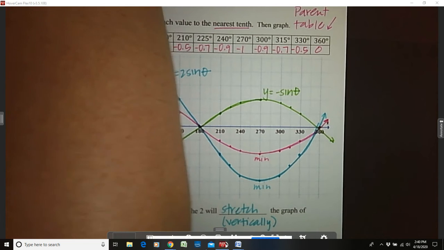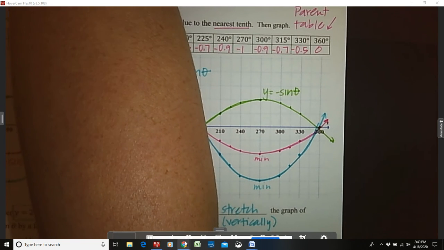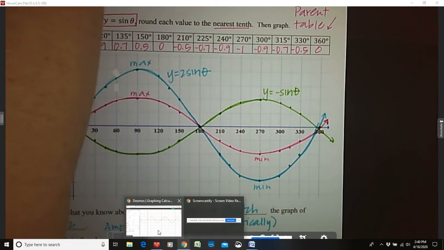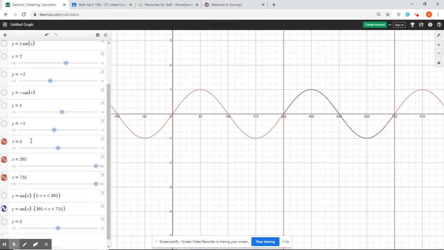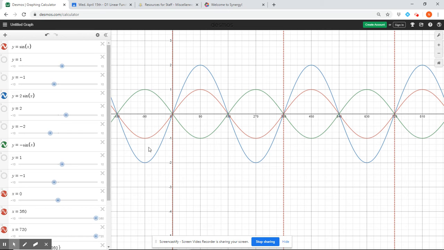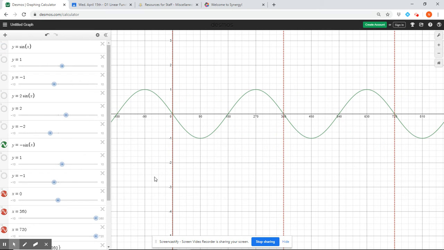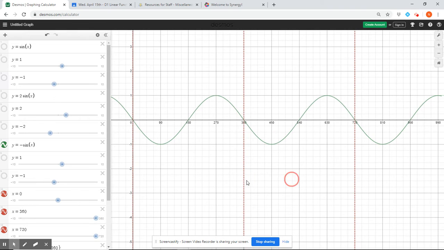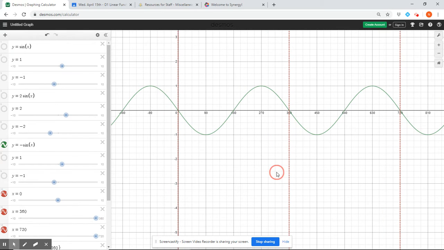So hopping back over to Desmos, you can see that I have my bars in there to show you one period of the sine graphs, no matter if I put 2 sine or negative sine. So that's all 3 graphs. You can see if I turn off the green one, which was the negative sine, it still repeats every 360 degrees.